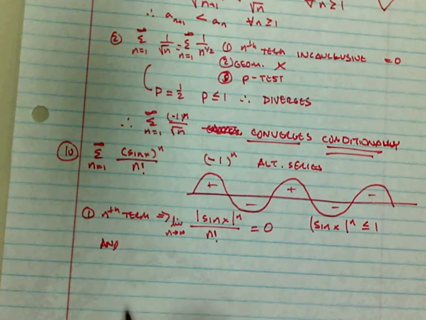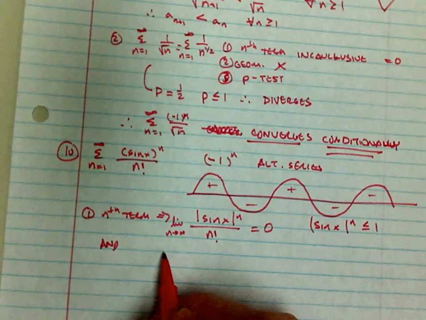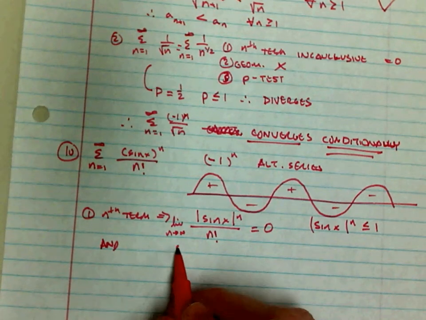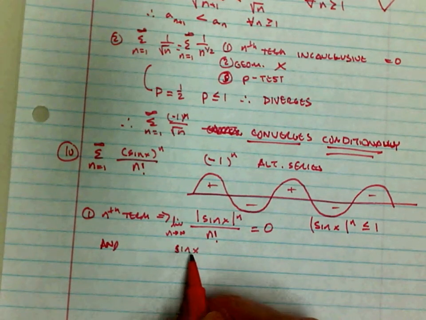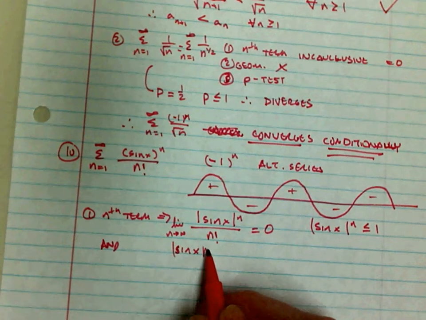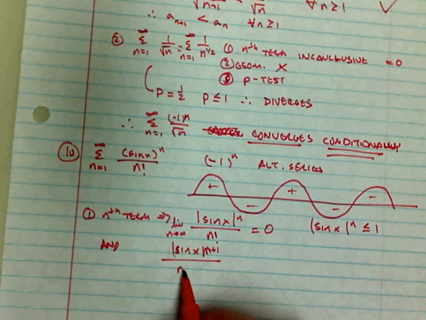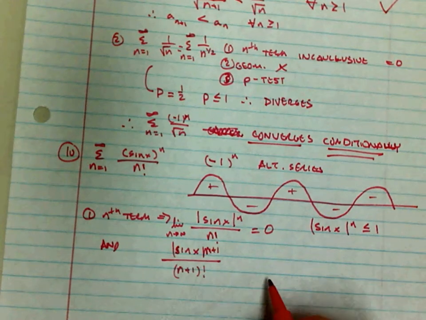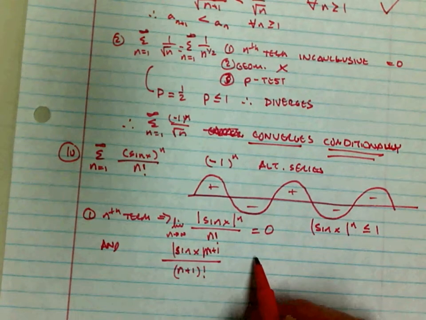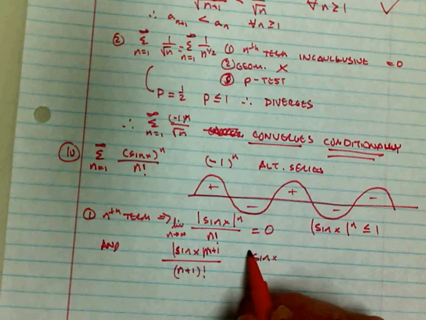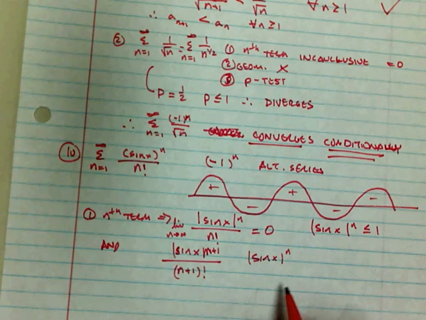Now, let's check and look at this. Let's take a look at the sine of x, absolute value of that, raised to the n plus 1 power divided by n plus 1 factorial, and compare that to the sine of x to the nth power divided by n factorial.